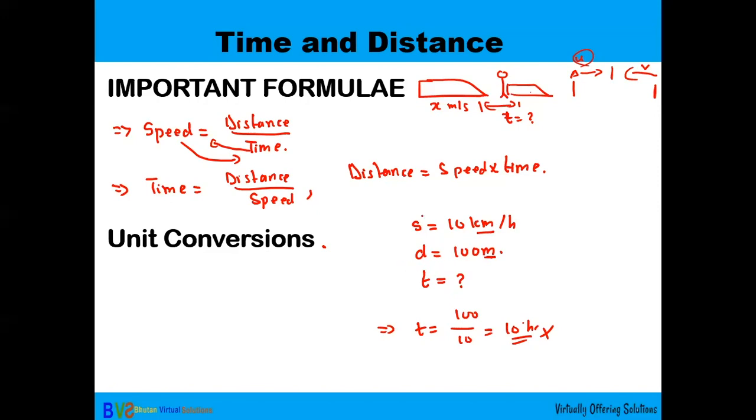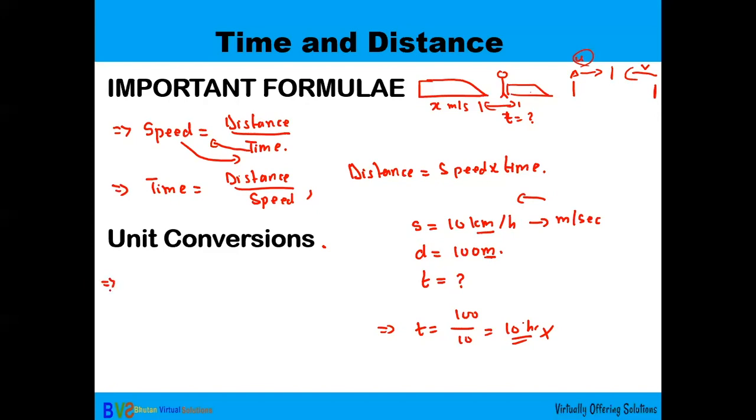So during that time, you have to know how to convert kilometers per hour to meters per second. Sometimes you need to convert meters per second to kilometers per hour. There are two ways to do that.